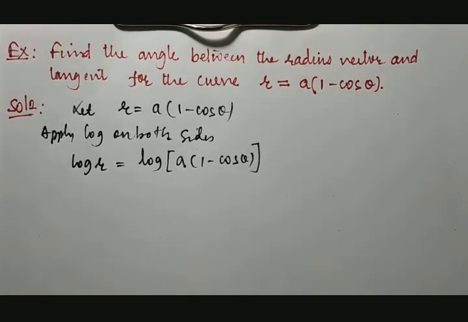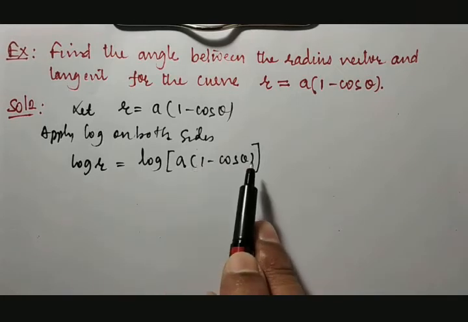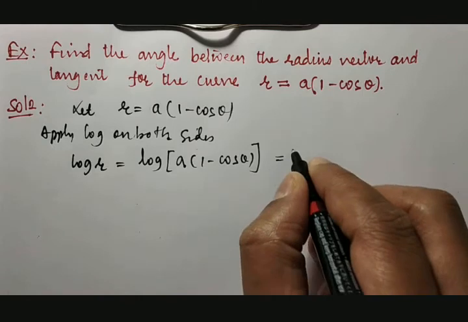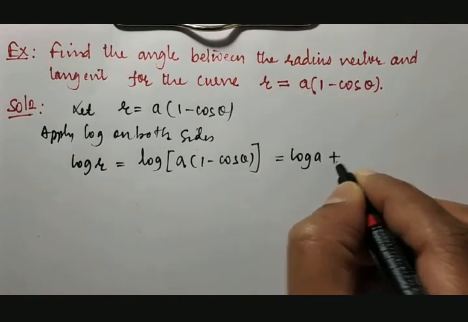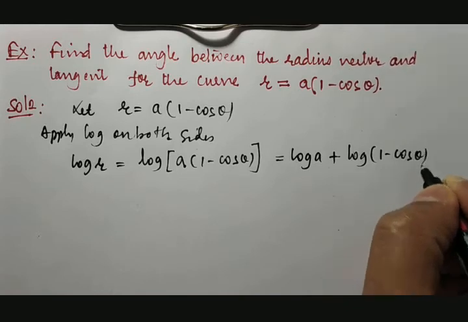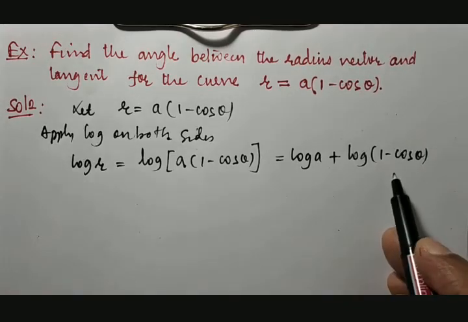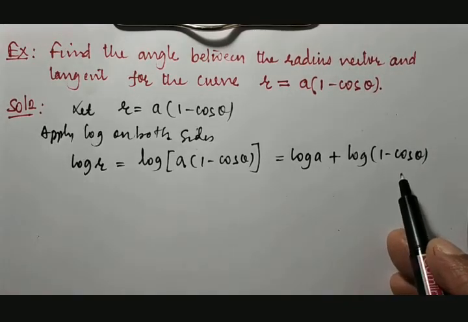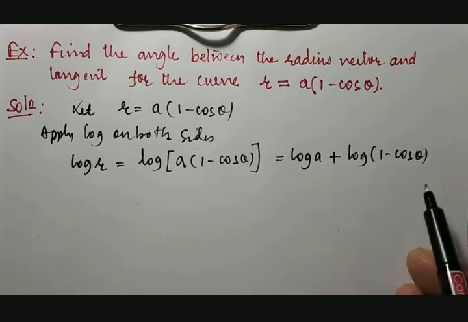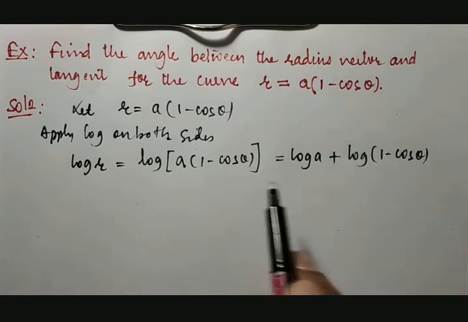We know that log of a into b is log a plus log b. Therefore, it is log a plus logarithm of 1 minus cos theta. Don't try to separate this through logarithm, because we know that log a into b is log a plus log b, but we don't know what is log a plus b or log a minus b. Therefore, this bracket will be kept as it is.